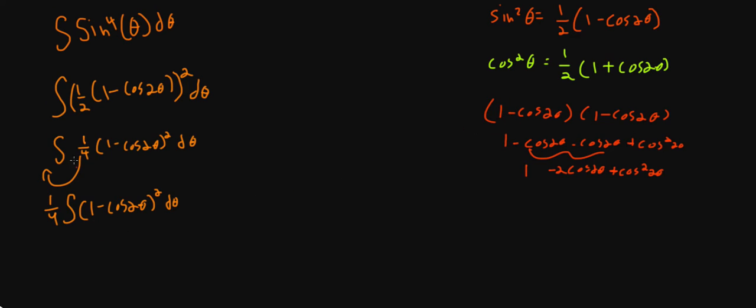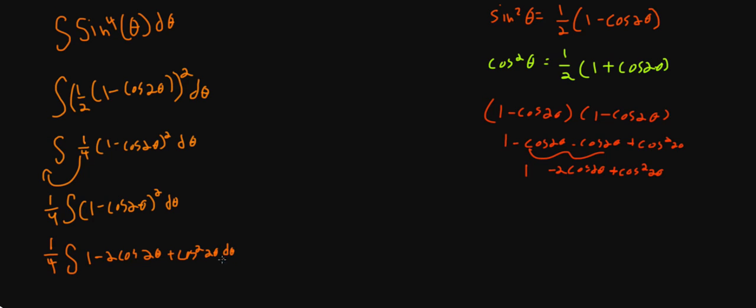This right here is the expanded version, so let's rewrite it. We have 1/4 the integral of 1 minus 2 cosine 2 theta plus cosine squared 2 theta, d theta.